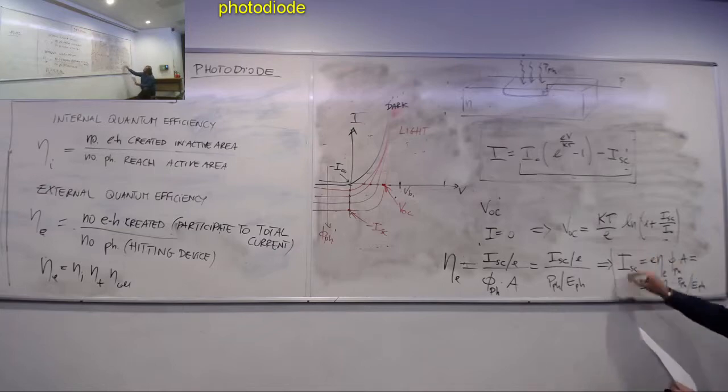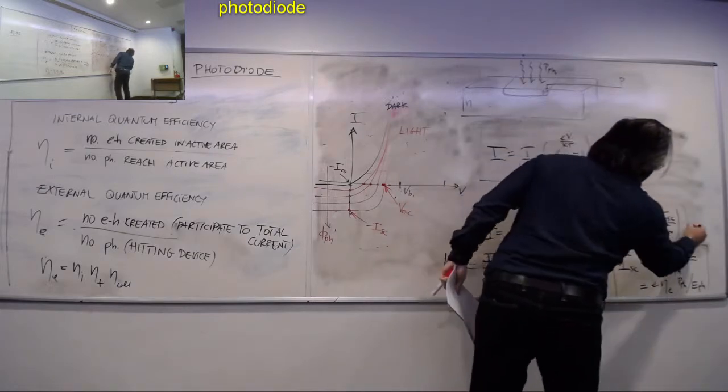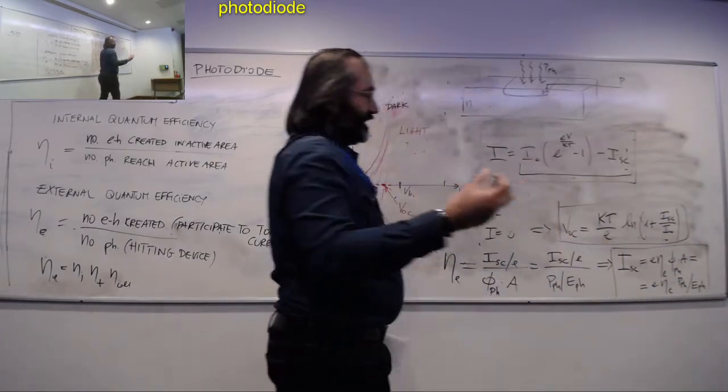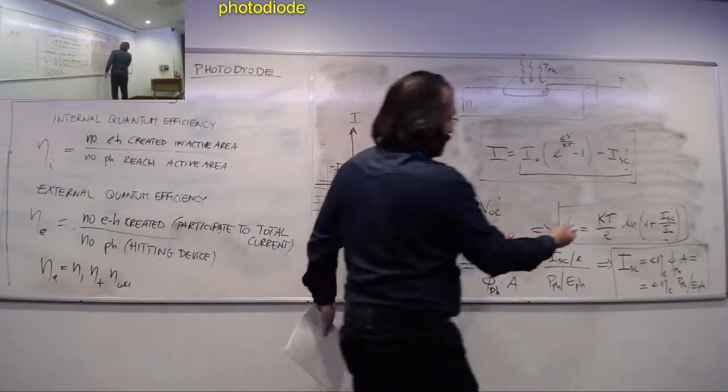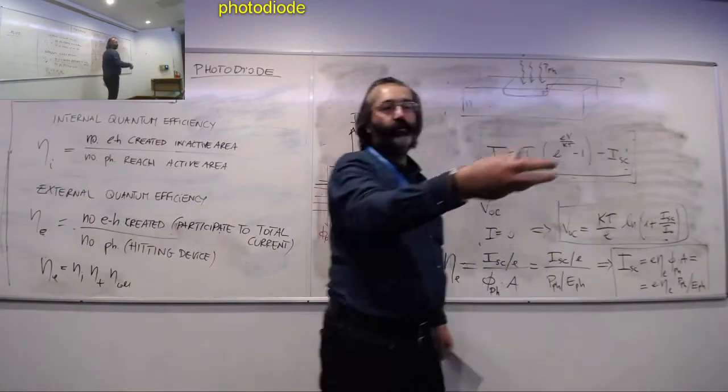So this is a nice formula together with this one that lets you understand how ISC, for example, depends on the photon flux or the power of the beam.